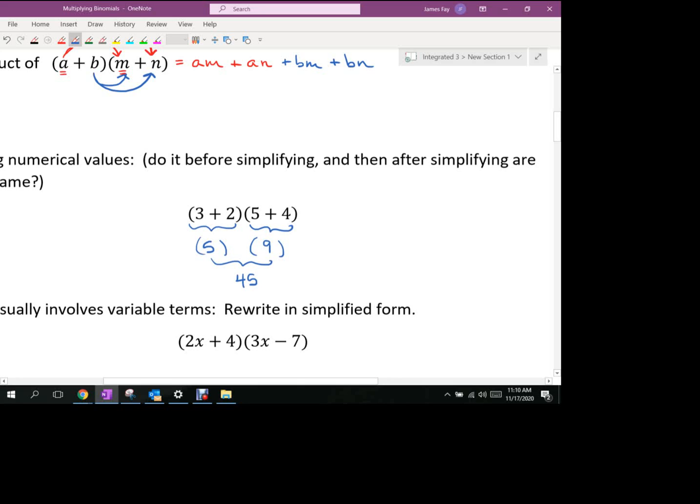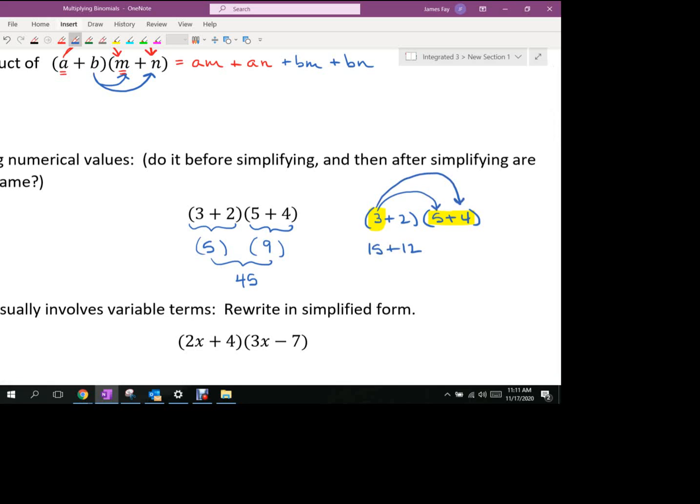Let's do this problem using FOIL. Let's go 3 plus 2, and we're going to multiply that by 5 plus 4. I'm going to take that 3 right there, and distribute it to both those things. So what's 3 times 5? 15. What's 3 times 4? 12.